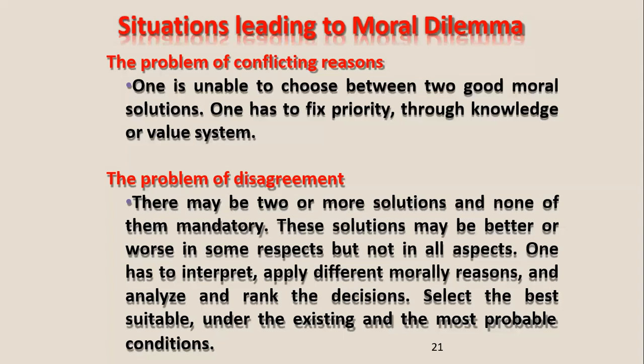Let us see one simple example regarding the problem of conflicting reasons. Let us examine the Space Shuttle Challenger explosion, focusing on the dilemma faced by the engineering manager Bob Lund. He had the following conflicts.